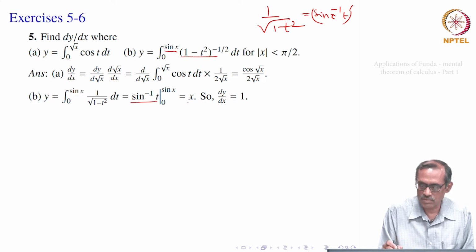At sin x it gives x, sin inverse of sin x. So, remember our inverse functions, this notation only is giving the principal value. So, we have nothing else. If you do not get the principal value, we have to add some multiples of pi.